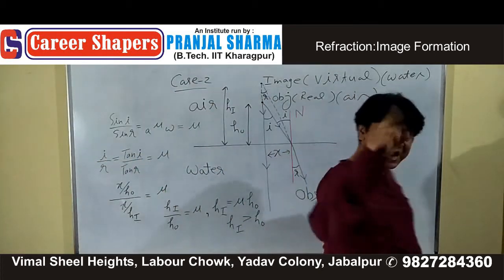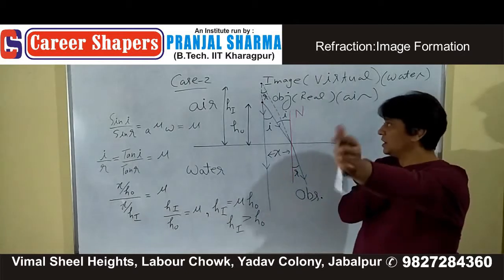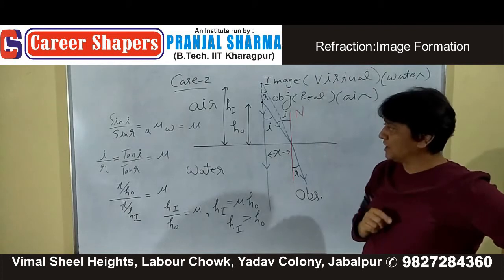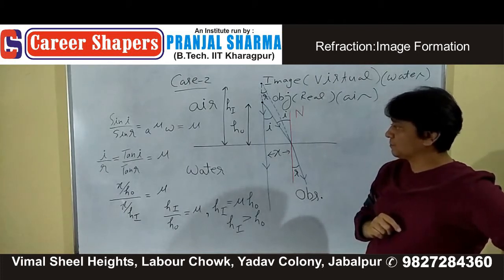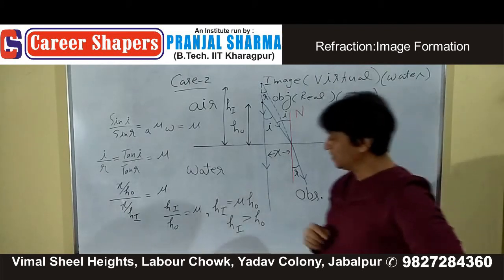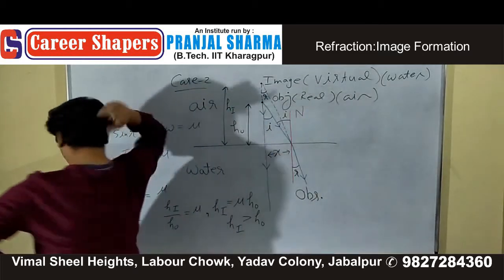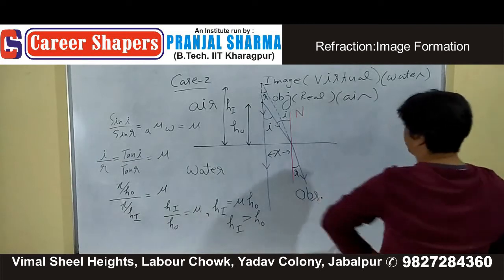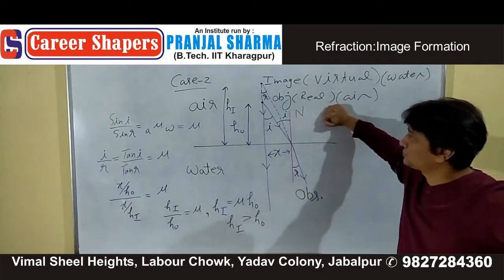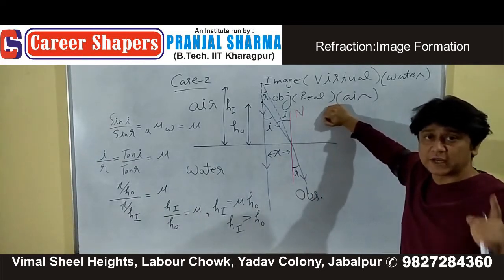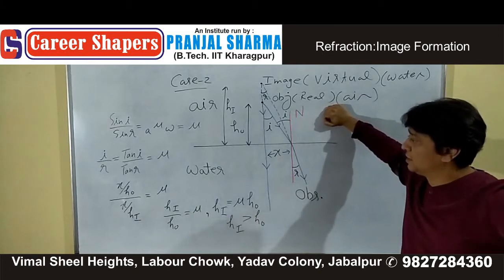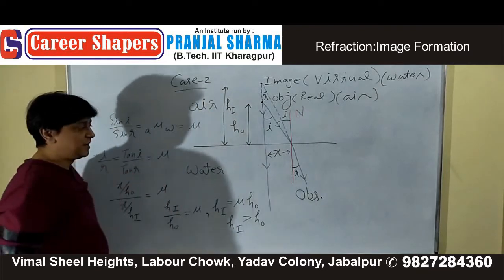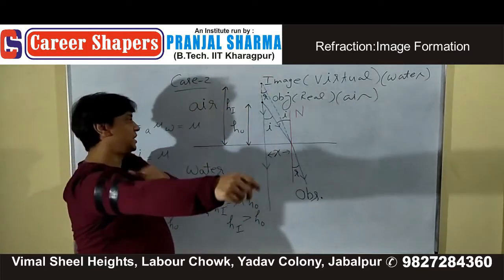And do one thing with that case 1, in the previous article, go there and write down case 1, and with case 1 mention that object is in denser medium and observer is in the rarer medium.